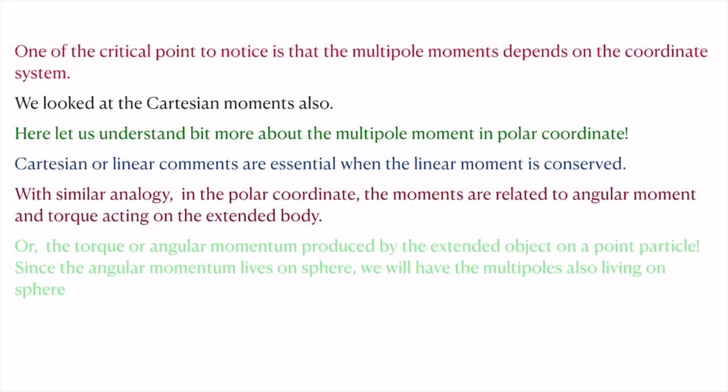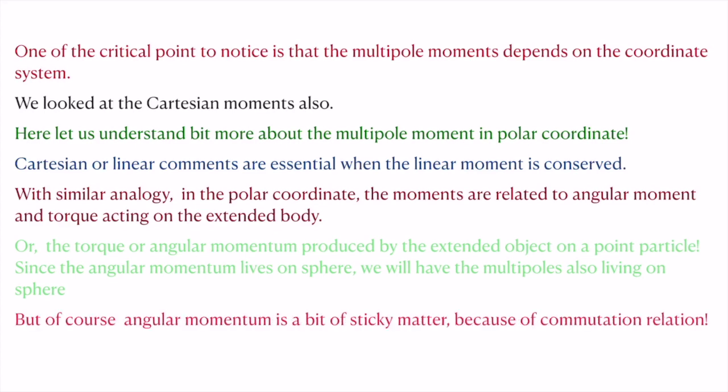The torque or angular momentum produced by an extended object on a point particle, since the angular momentum lives on the sphere, we'll have a multipole also living on the sphere. Of course, the angular momentum is a bit of a sticky matter because of the same problem that they have commutation relation between them.